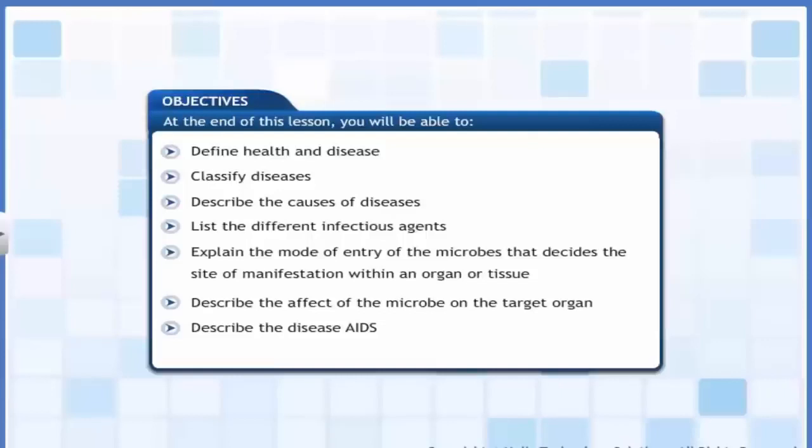This lesson gives you a better understanding of diseases and why we get them. By the end of this lesson, you will be able to define health and disease, classify diseases, describe the causes of diseases, list the different infectious agents, explain the mode of entry of the microbes that decides the site of manifestation within an organ or tissue.